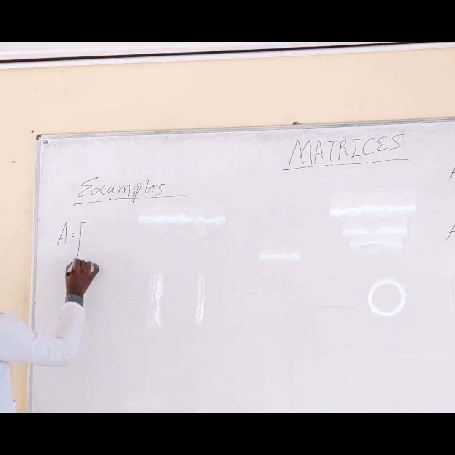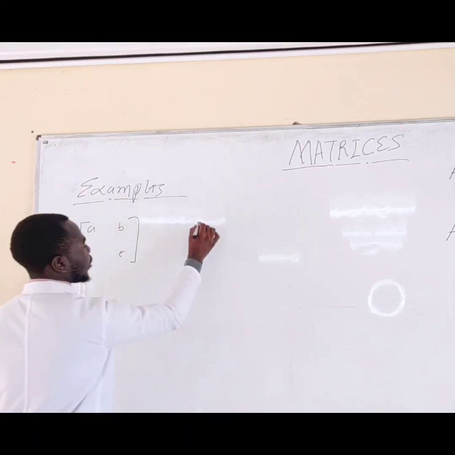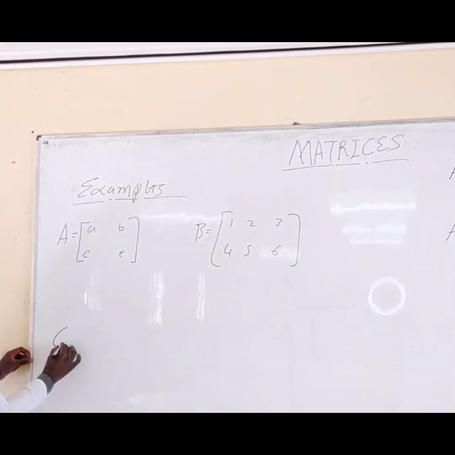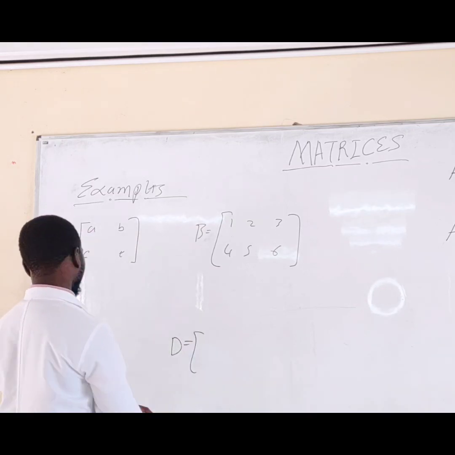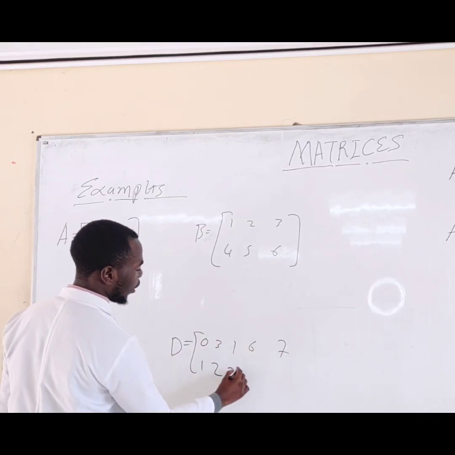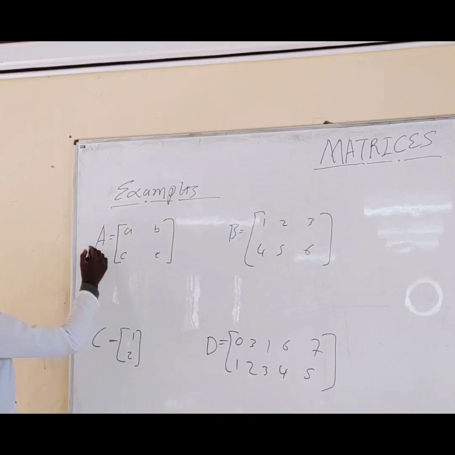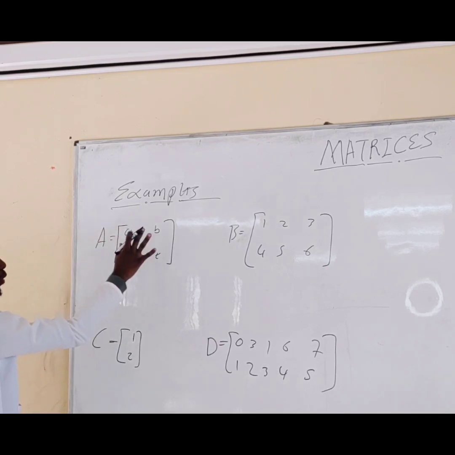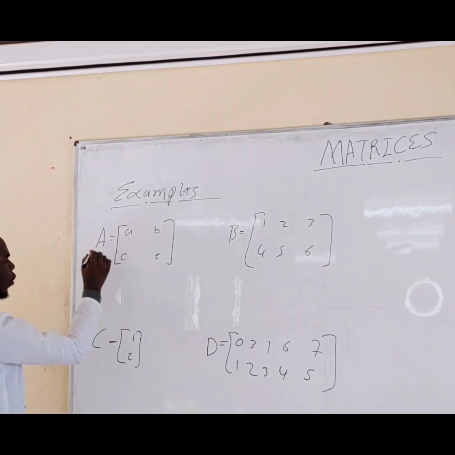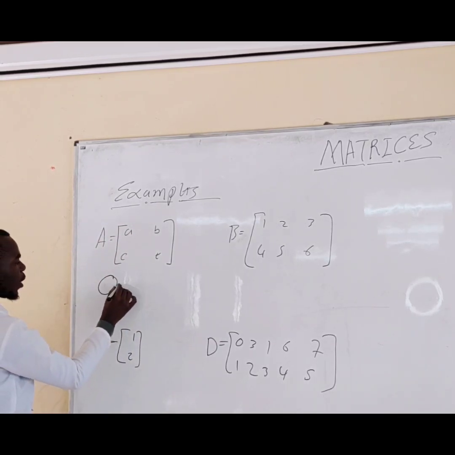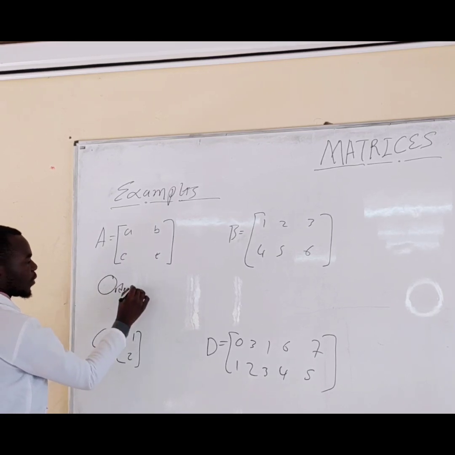Let's have the matrix A, B, C, D. Here we have matrix A with different elements inside it. The order of matrix A is equal to what?